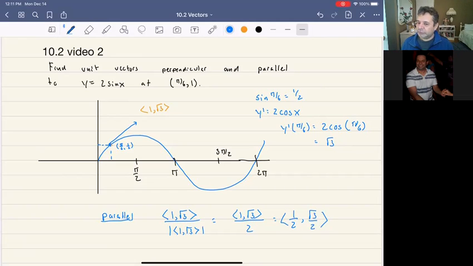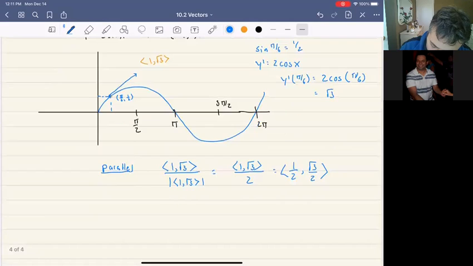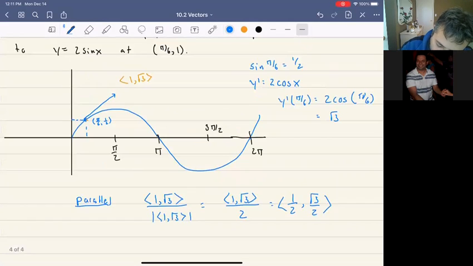Okay, easy enough. So now, what we're thinking of here is this is some line. If I called this a line, I would say y equals mx plus b, with m being root 3.